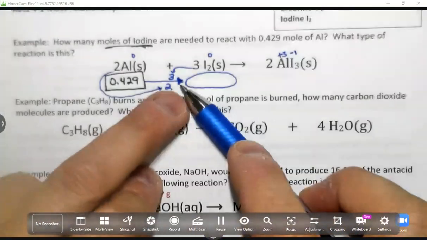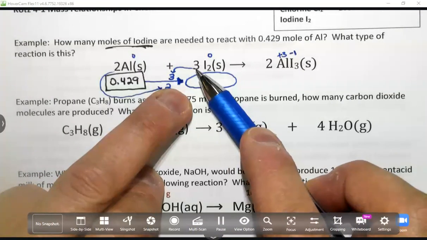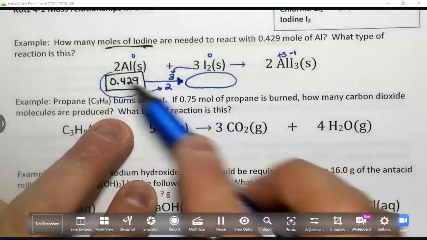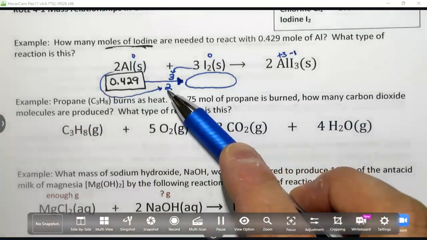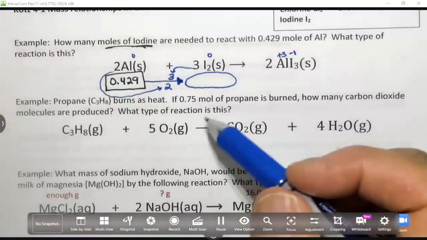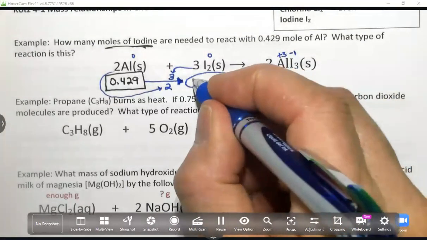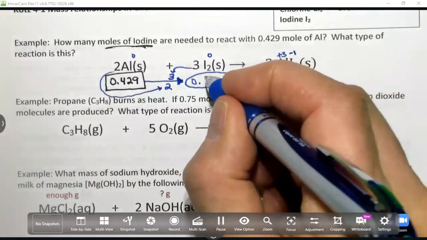I draw my arrow. When I point my arrow, that number from the balanced equation goes on top. The pointed arrow part goes on top. The start of the arrow, where I started from, that balanced equation number goes on the bottom. That's all there is to it. I take 0.429, I multiply it by 3, and I divide by 2, and this is 0.644.